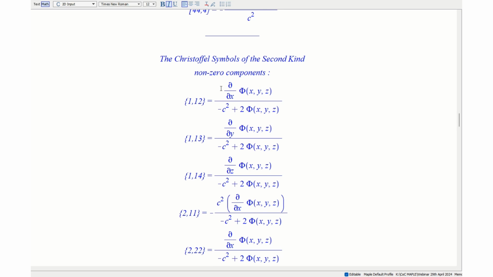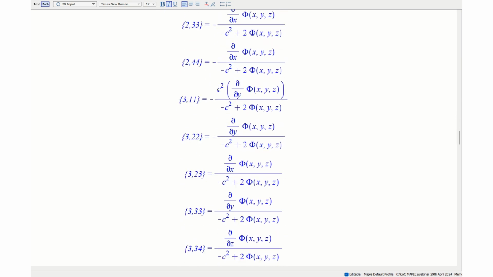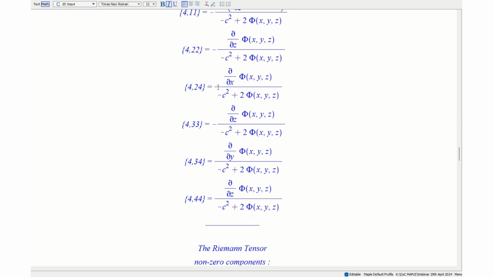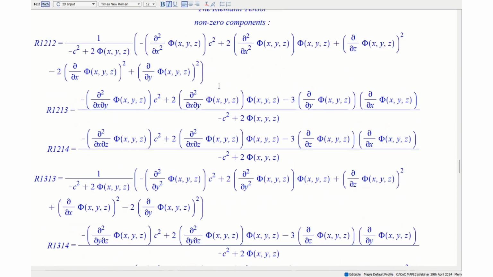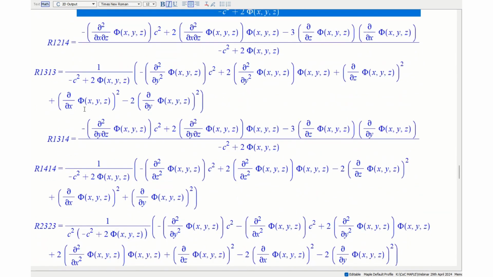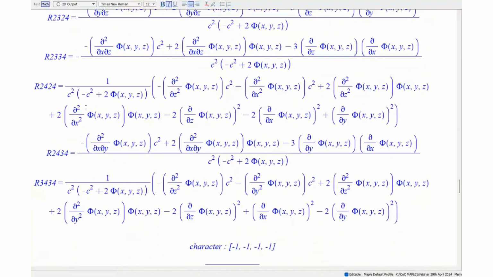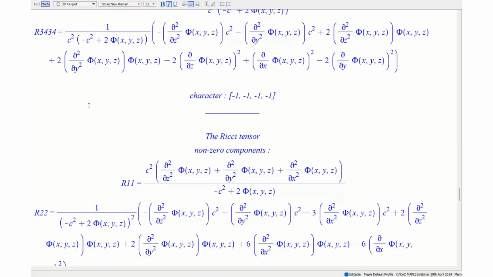I am ignoring that solution, and after that you can see the Riemann tensor, non-zero component R1212, then R1213, and so on and so forth. Only non-zero components are being listed here. Then the Ricci tensor.